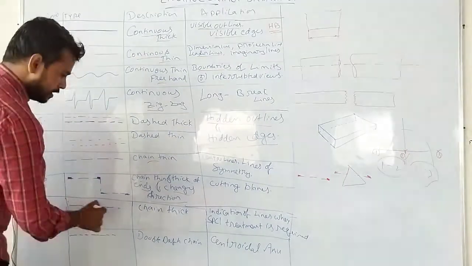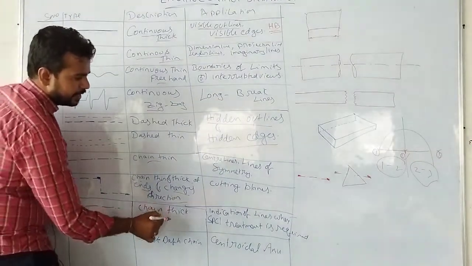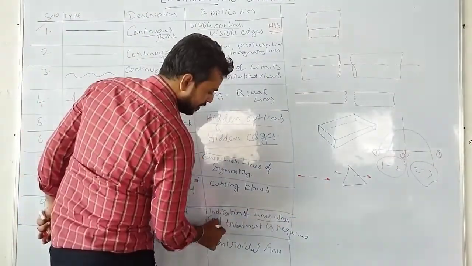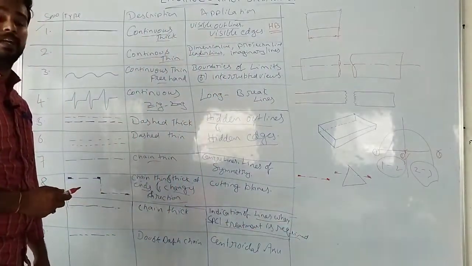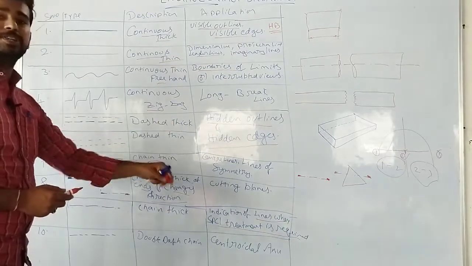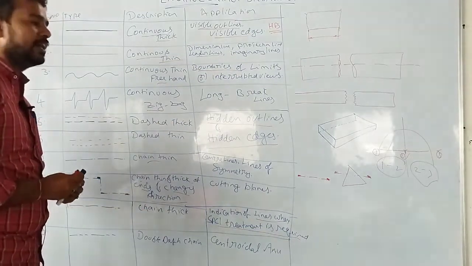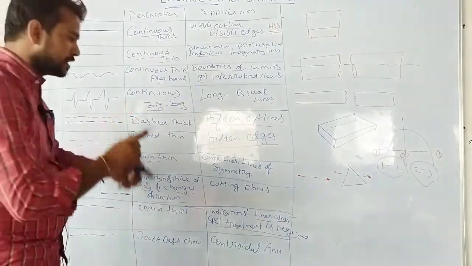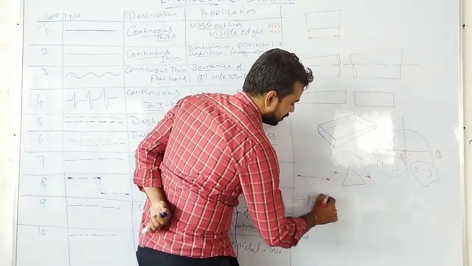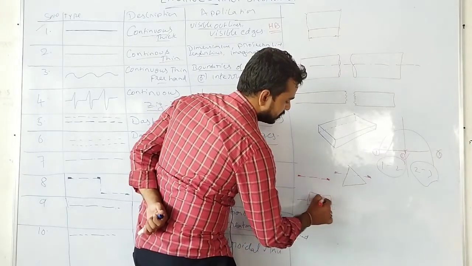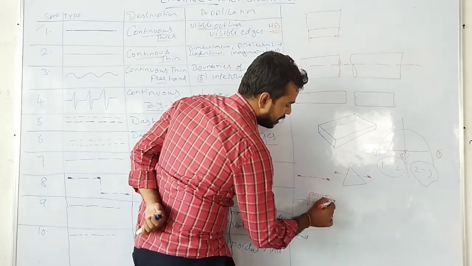Okay, next thing is chain thick line. The chain thick line is an indication of lines where special treatment is required, and where there are special purpose machine elements. To indicate that, we need to use chain thick. For example, you might have come across production drawing, limits, fits, and tolerances, or assembly drawing also.